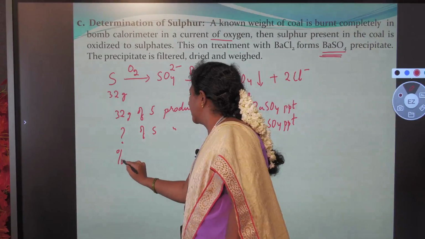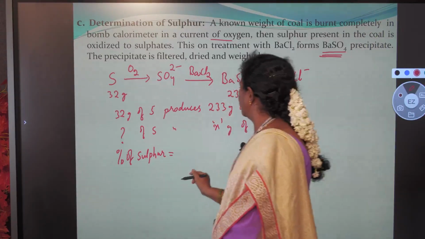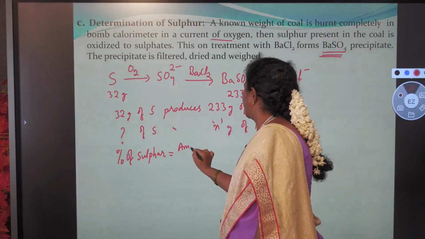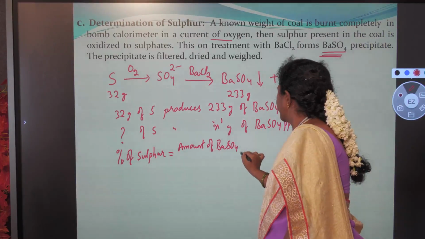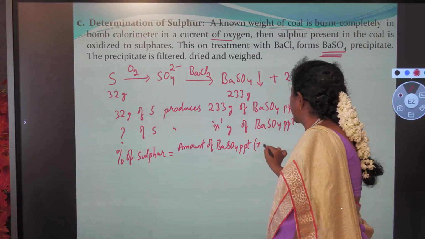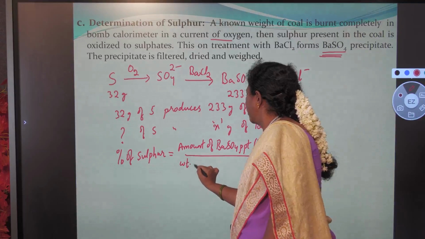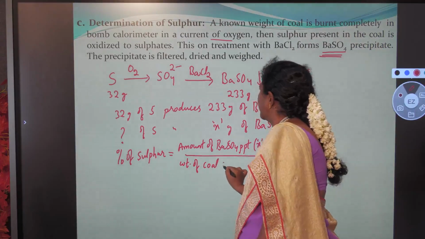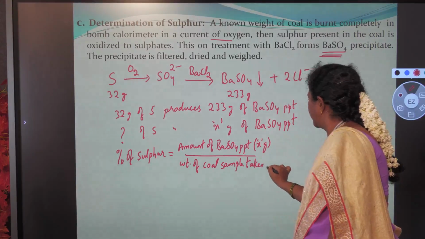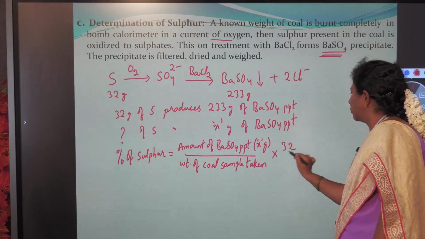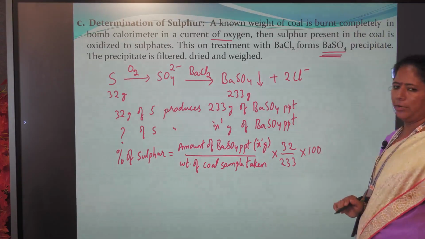From this, percentage of sulfur will be equal to the amount of barium sulfate precipitate formed, that means nothing but x grams, by weight of coal sample taken into 32 by 233 into 100.